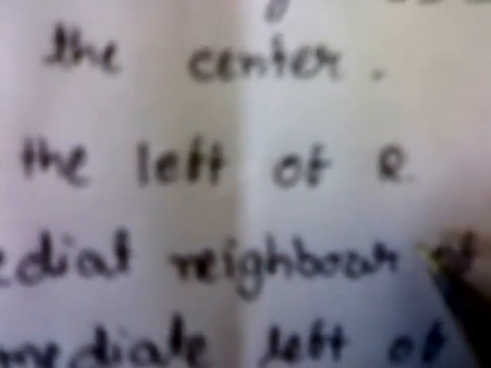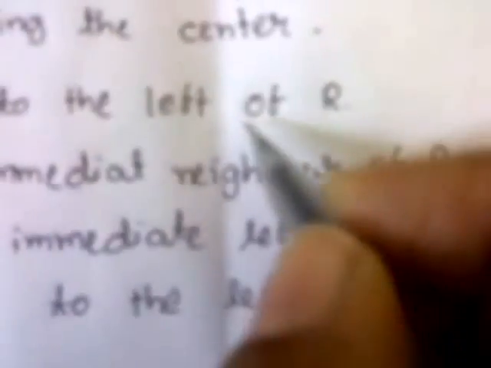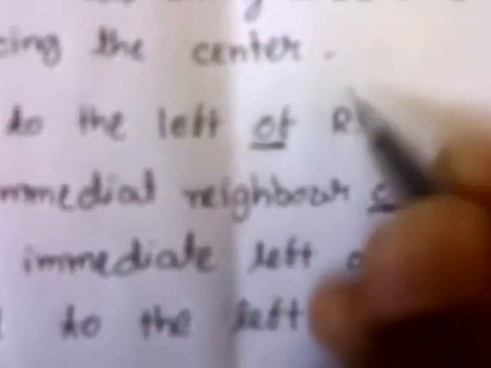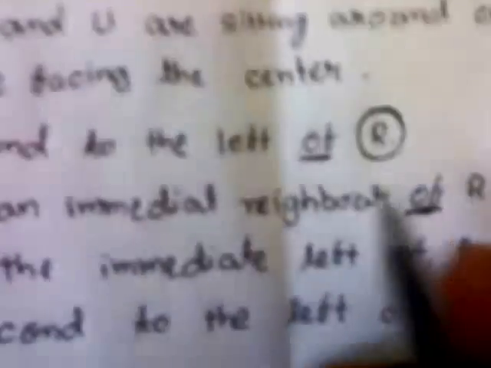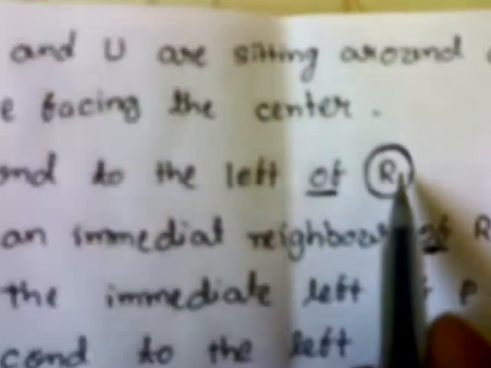Now we will look at our first condition. The first condition says S sits second to the left of R. The letter followed by of is R. In the first condition there are 2 letters, R and S, but we will highlight the letter which is followed by of.